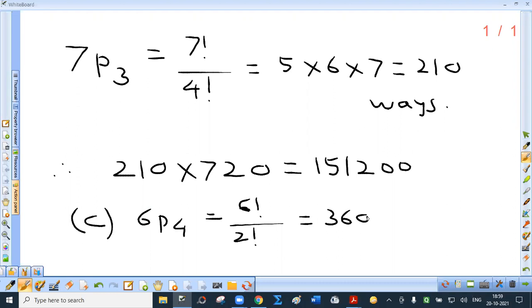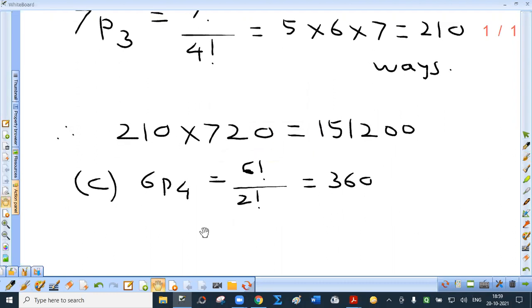Now remaining 5 letters can be arranged in 5P5 equal to 5 factorial equal to 120 ways.